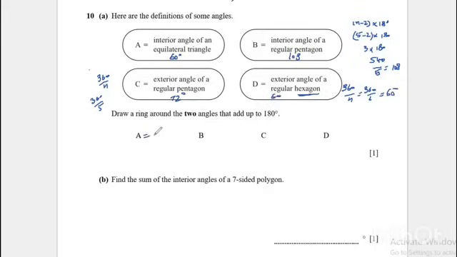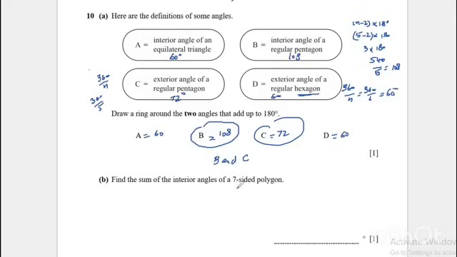So A is 60, B equals 108, C equals 72, and D equals 60. Now draw a ring around two angles that add up to 180. If you add B and C, that gives you 180. So your answer is B and C.